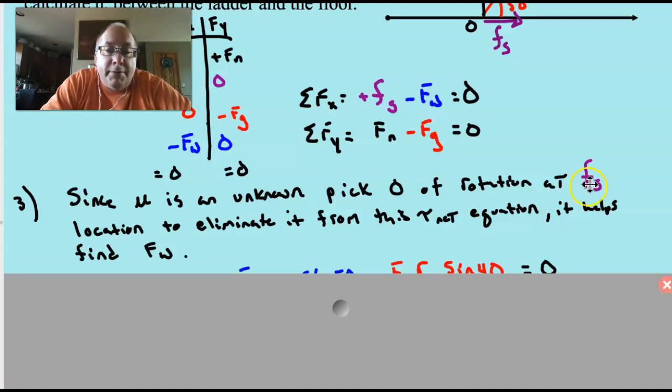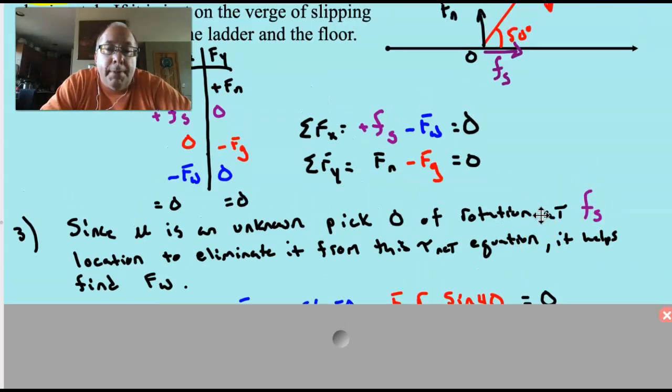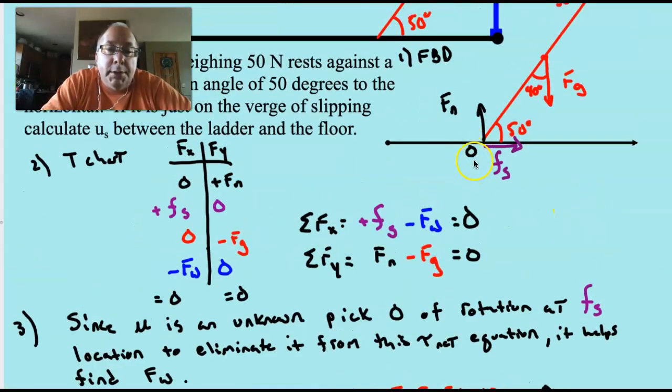Because the lever arm to F sub s is 0 from that origin, that will eliminate it from our torque equation. So it'll help us right away. Right here you can see I'm choosing O to be at the point of contact with the floor. Then both the normal force and the friction force have a lever arm of 0, which makes their torques 0 about that position O.